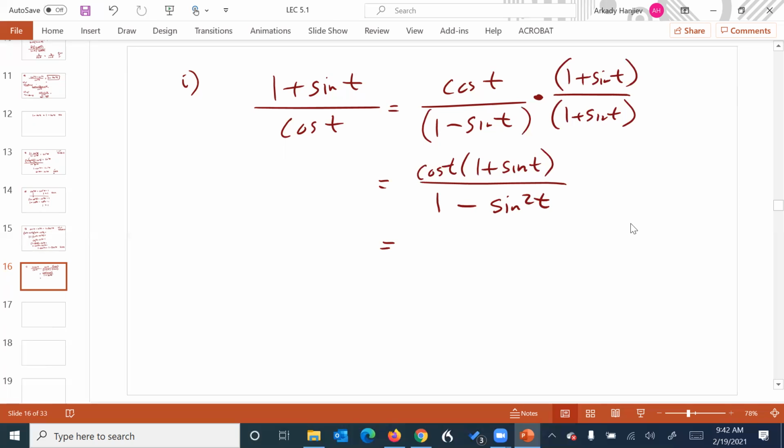All right, guide me from here, anybody? Would 1 minus sine squared t be equal to cosine squared t? I'll go with that.